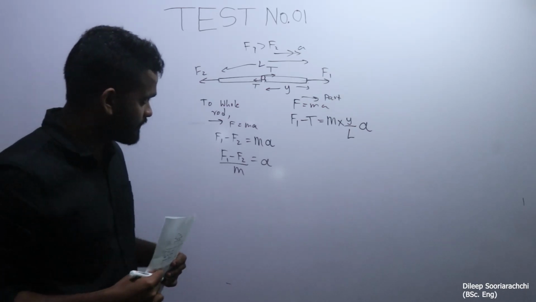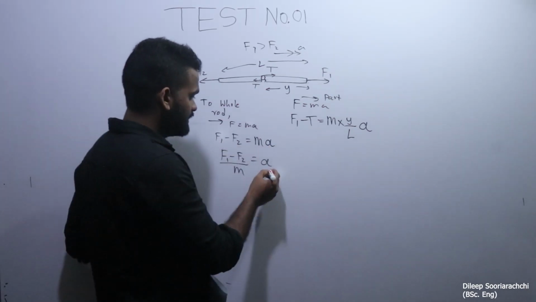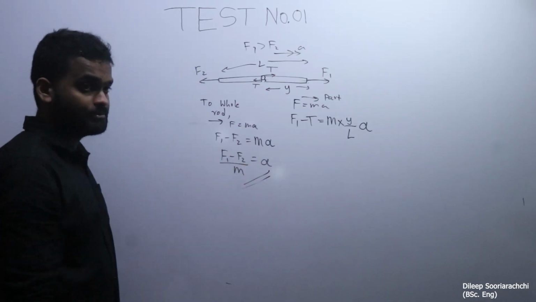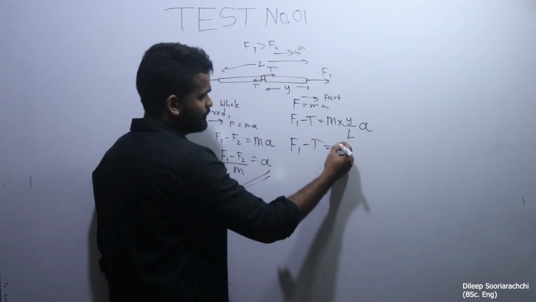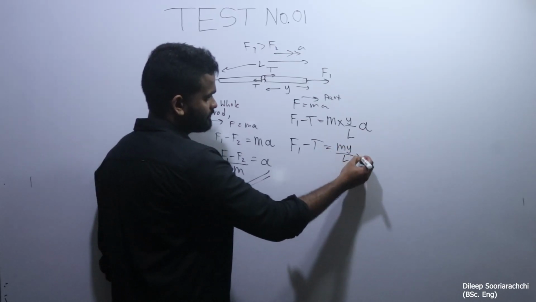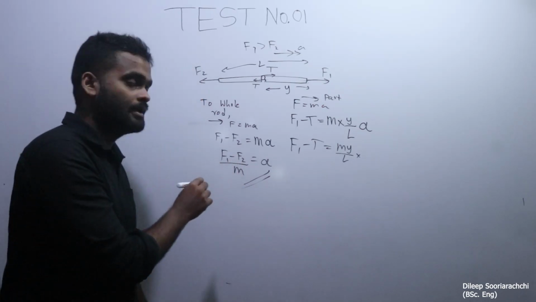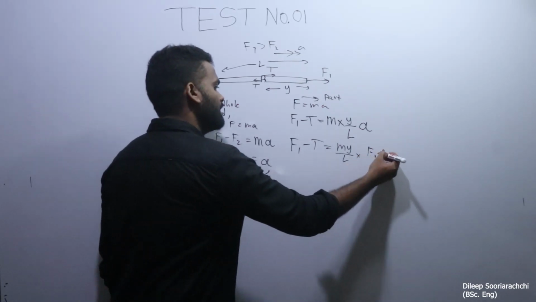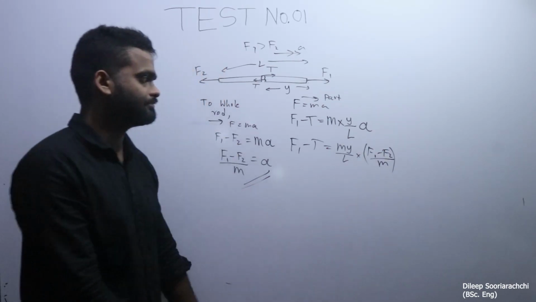Okay. So what we need to find is this capital T, right? Earlier we found an expression for simple a. So I'm substituting that here. For simple a, I can substitute F1 minus F2 divided by simple m.